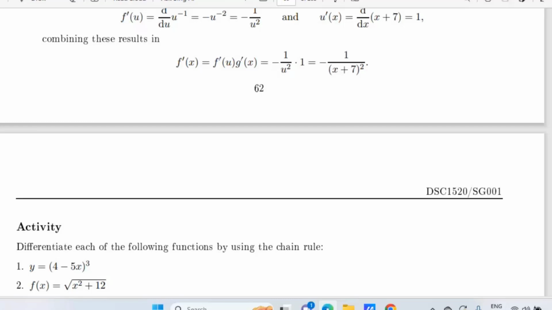I got x over the square root of x squared plus 12. I've written x to the power 2 plus 12. As your answer, final answer. Yes.